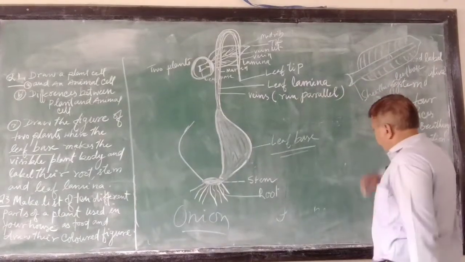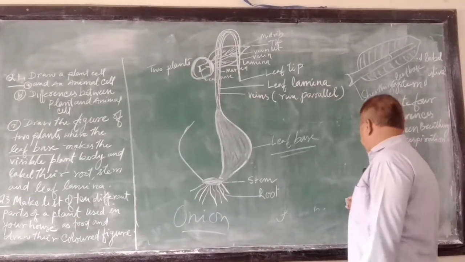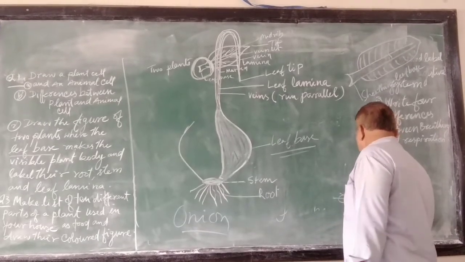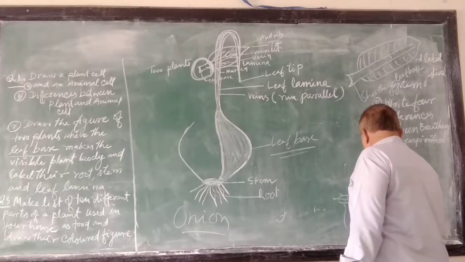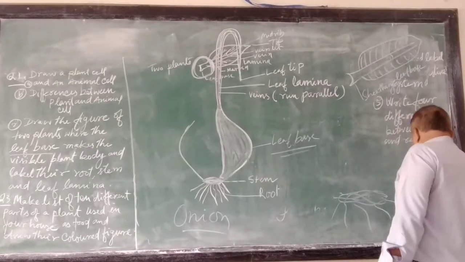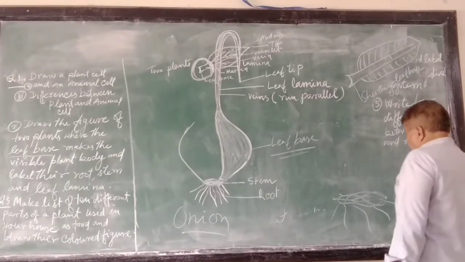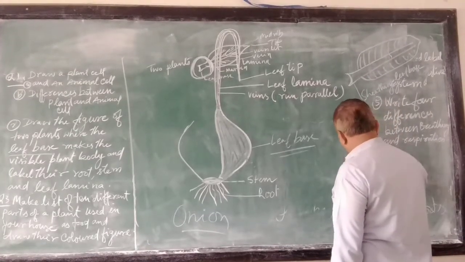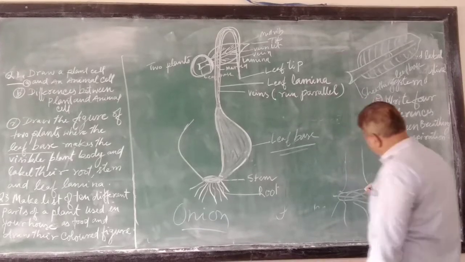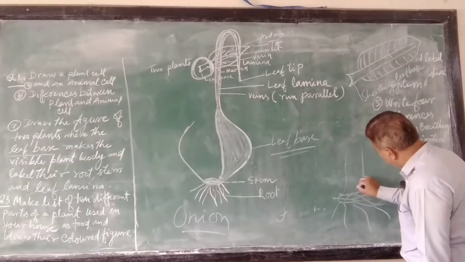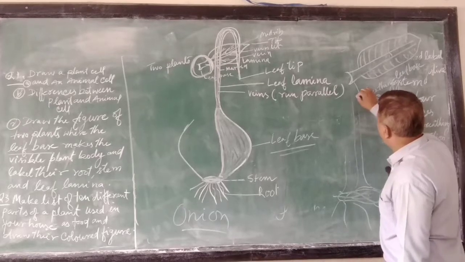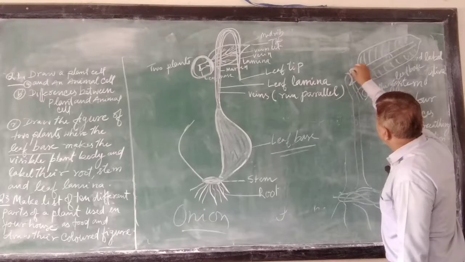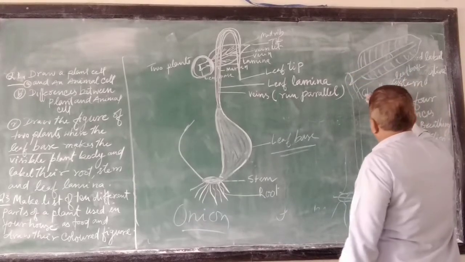So if you see a banana plant, you will see at the base a big comb like structure, and from this the roots come out. And what happens? Here you see the leaf starts from here and goes up to the top and then develops into a leaf like this, right.